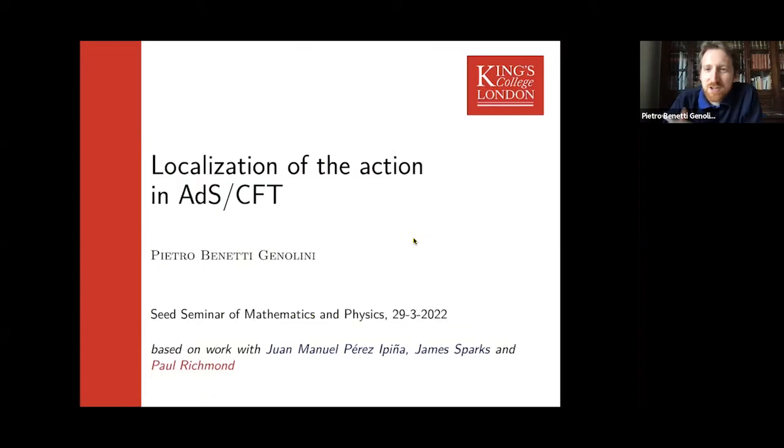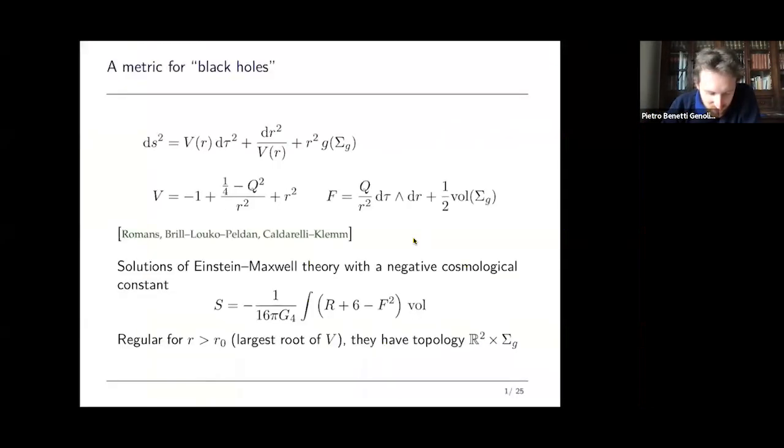So rather than going straight into the deep end, I thought I would start with a few observations on a simple metric, so starting with math rather than the physics. First of all, a word of caution, I will always be in Euclidean signature. This is a metric for what would be a black hole in Lorentzian signature.